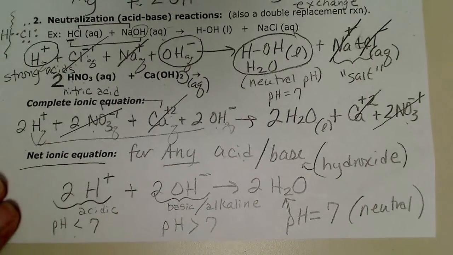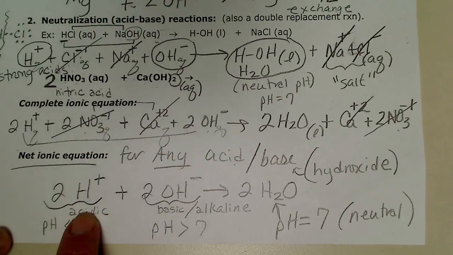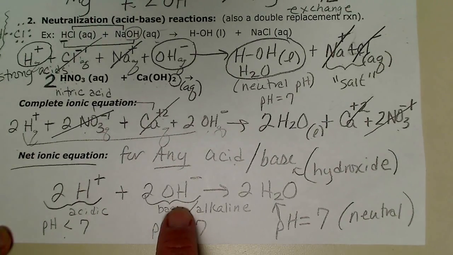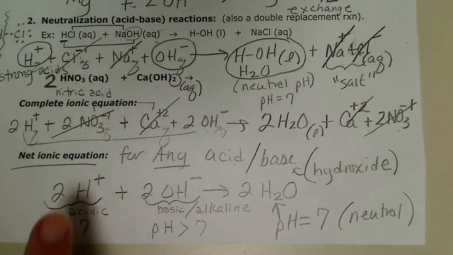In an acid-base reaction, the net reaction that occurs is the acid combines with the base and makes water. So that's a good way to neutralize a spill. If we spilled acid on the counter, we could neutralize that acid with a base.